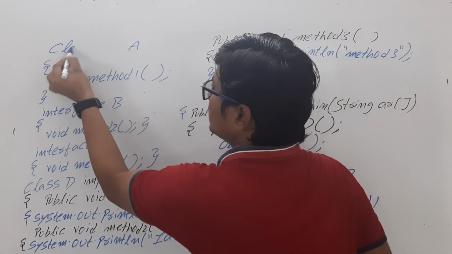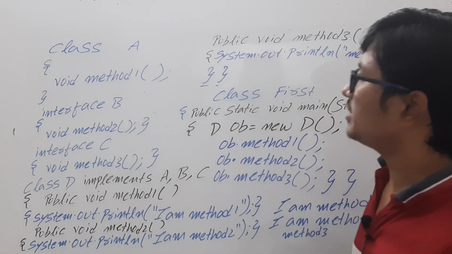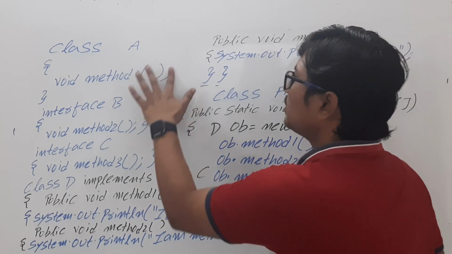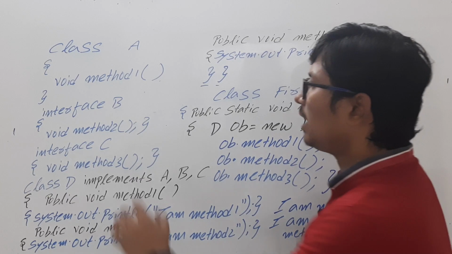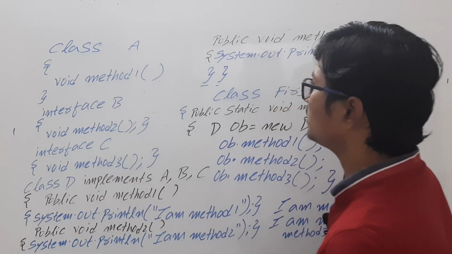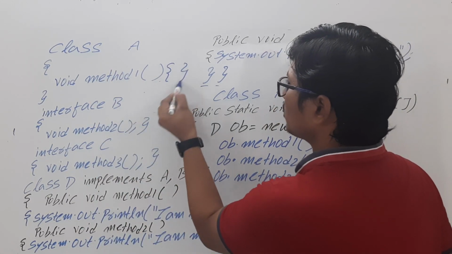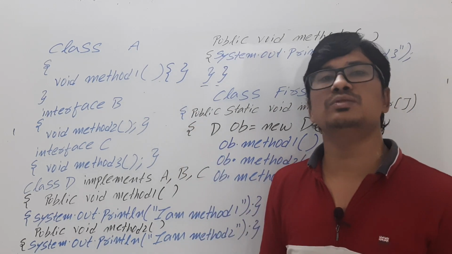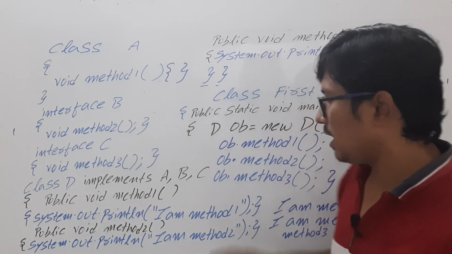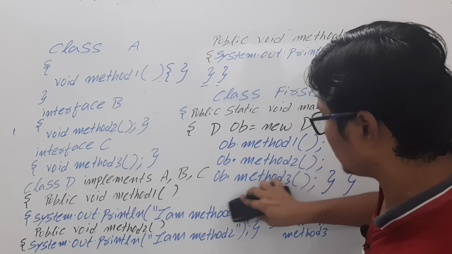So I will write class A. And if it is a class, you need to have an implementation. So I will not write anything, I will just open the curly braces and close the curly braces. So this is also an implementation, but there are no statements in it. And here I will erase this content.